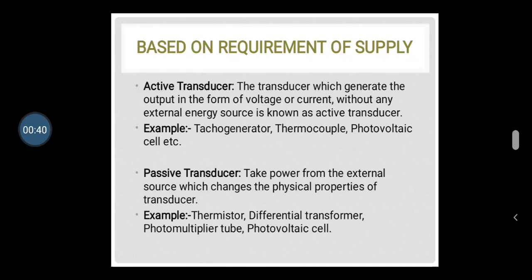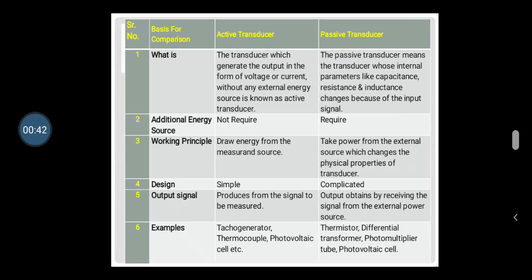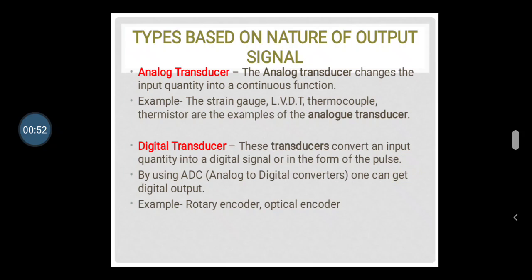There are two types: active transducer and passive transducer, and the comparison between them. All these things were studied in the last lecture. So in this video we are going to study the classification of transducer based on nature of output signal.